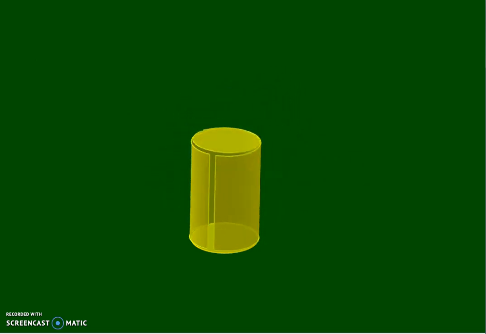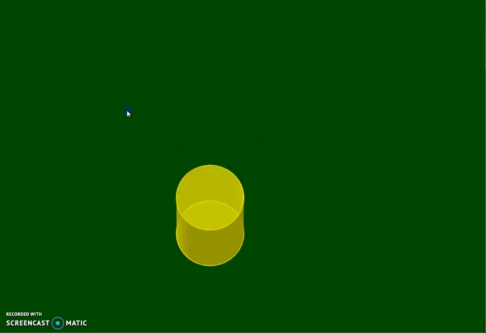As we unfold this, you can see that this distance from here to here had at one time wrapped all the way around the circumference of the base. When we fold it back up again, you can see that coming together. If I change the orientation, you can see how that unwraps.